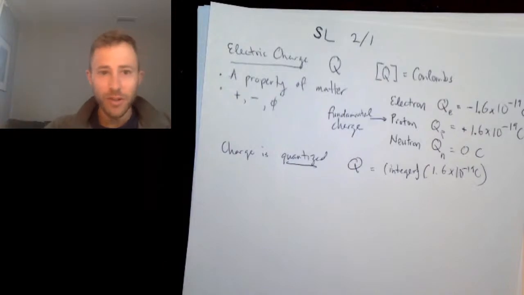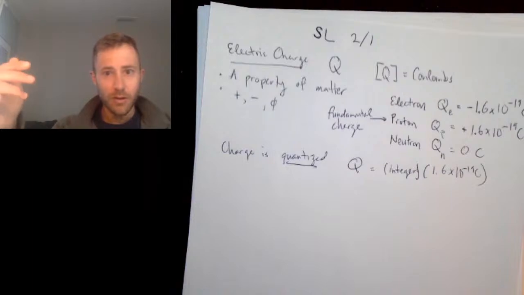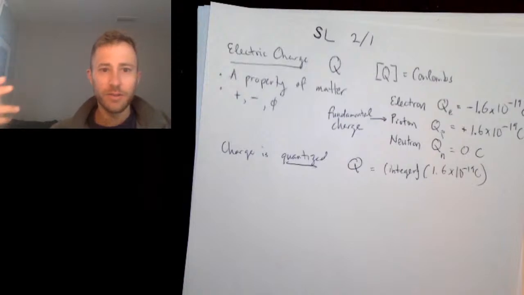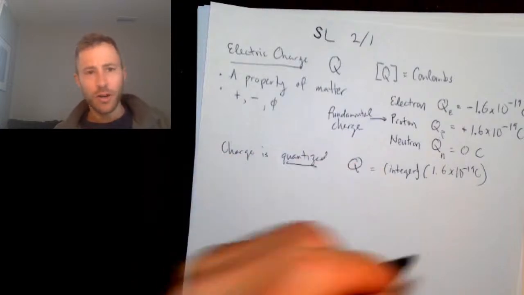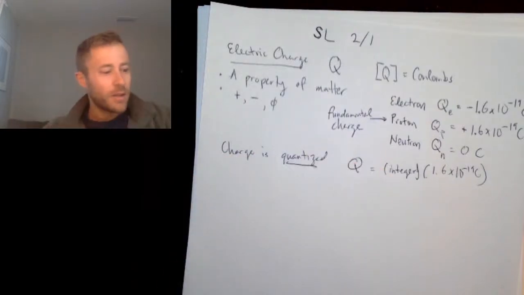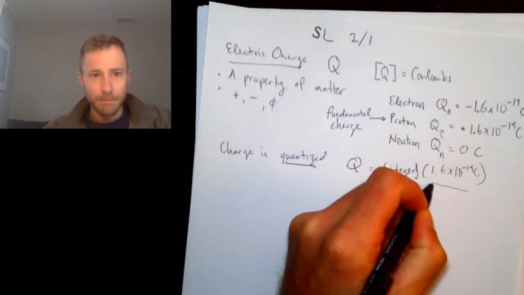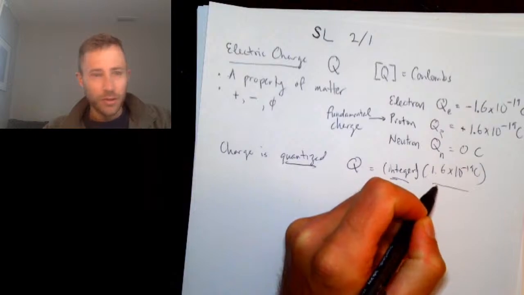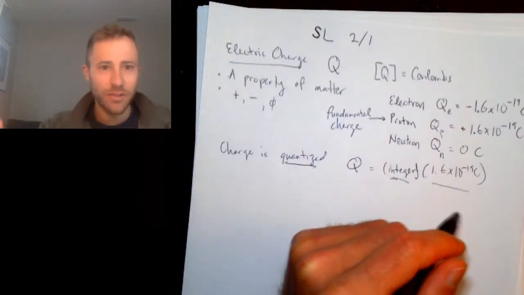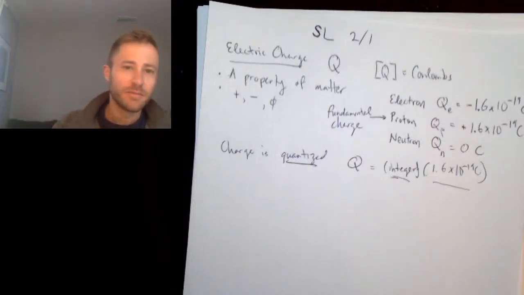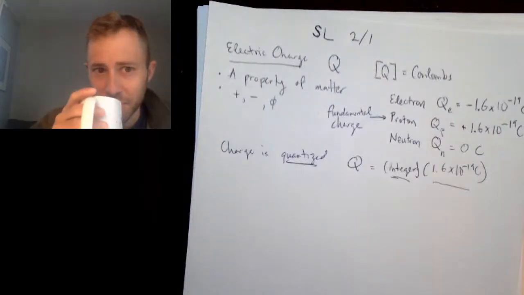You can't have 0.7 fundamental charges. You could have 20 fundamental charges. You could have negative 15 fundamental charges, but you can't have negative 7.5 fundamental charges. You get what I'm saying? So the amount of charge that an object can have is always an integer times this fundamental amount. All right? So this is like the penny. You can't have less than a penny. All amounts of money are multiples of a penny, okay? At least as far as I know, you can't have multiples of or fractions of a penny.